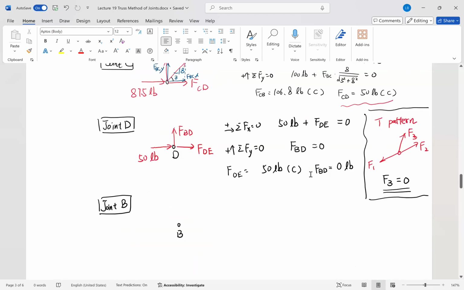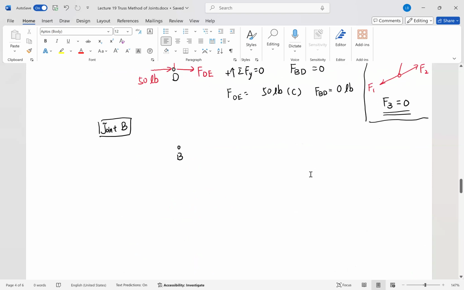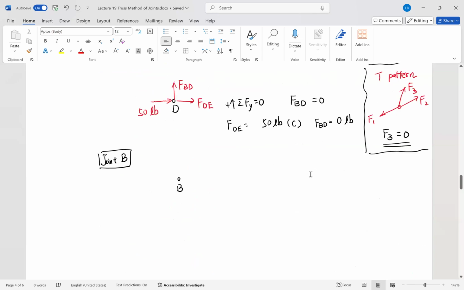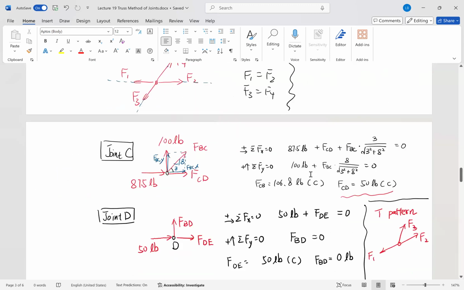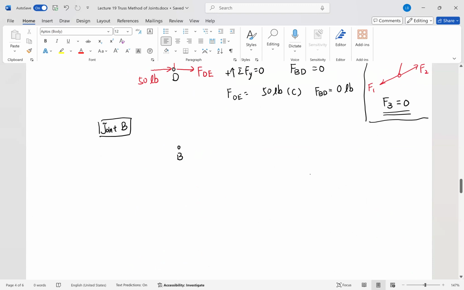First, we have AB here. Do we know AB? If you look at the solution, by solving joint A, we will already have the force AB is 87.5 pound and it is tension.